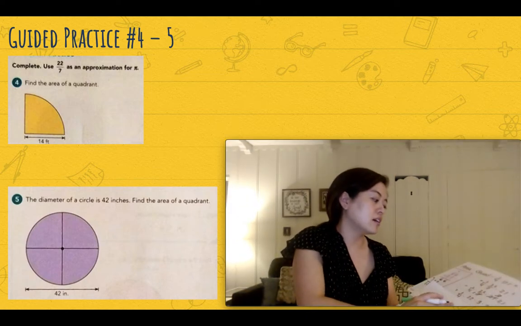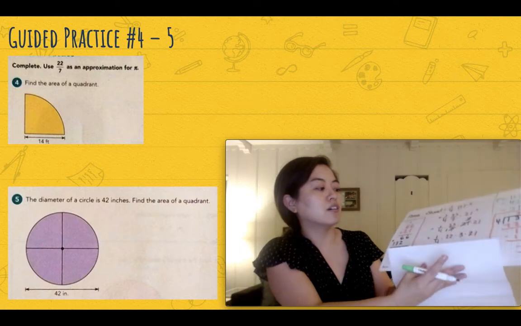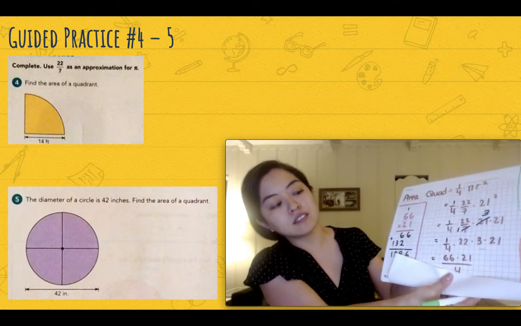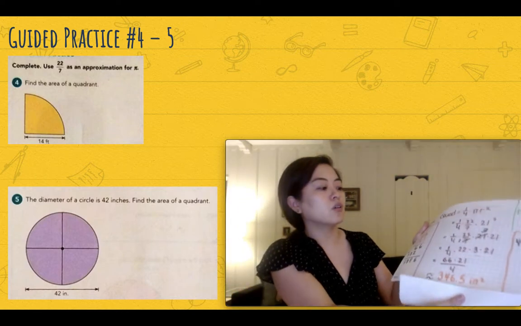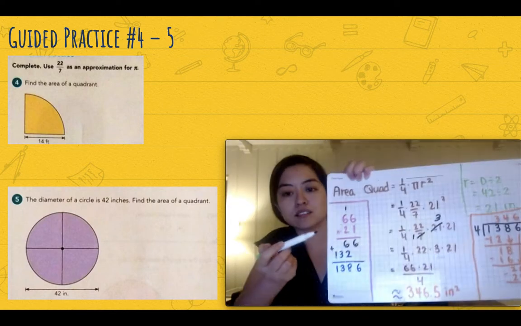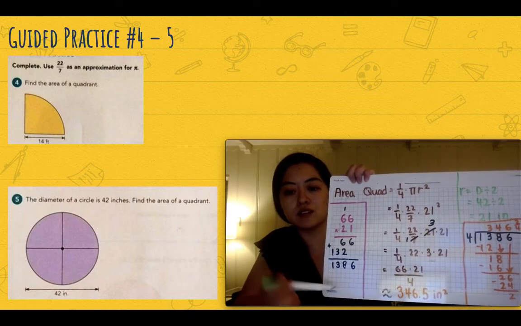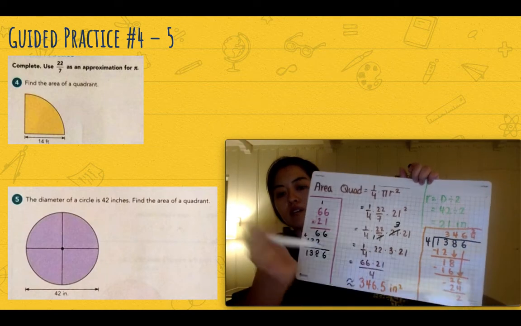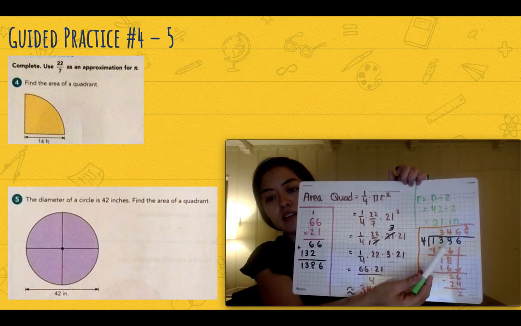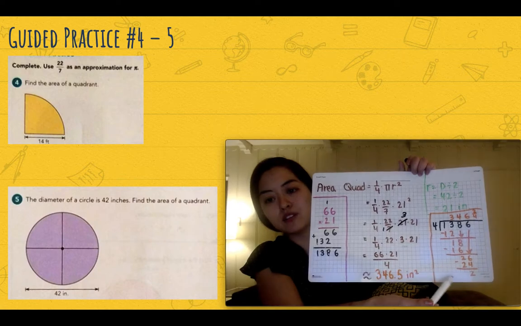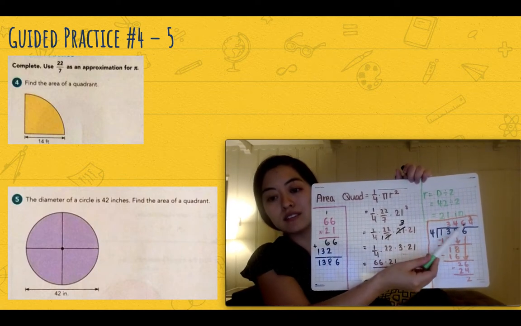So now I have 66 times 21 divided by 4. So I did 66 times 21 here, and I got that, but then I have to divide it by 4. So I divided it by 4 over here. And I get a remainder 2, but I like that too because I know the exact answer.